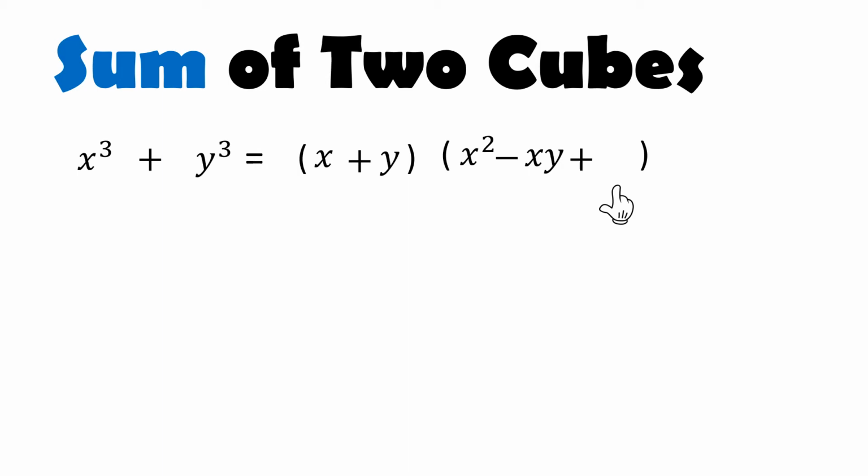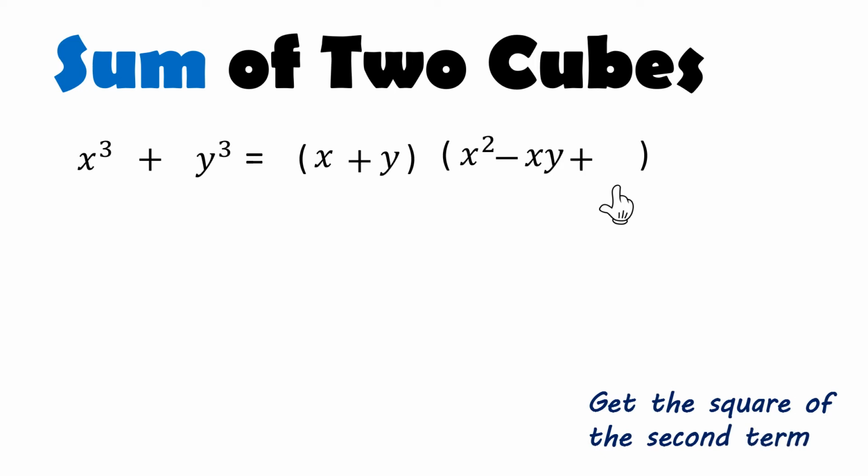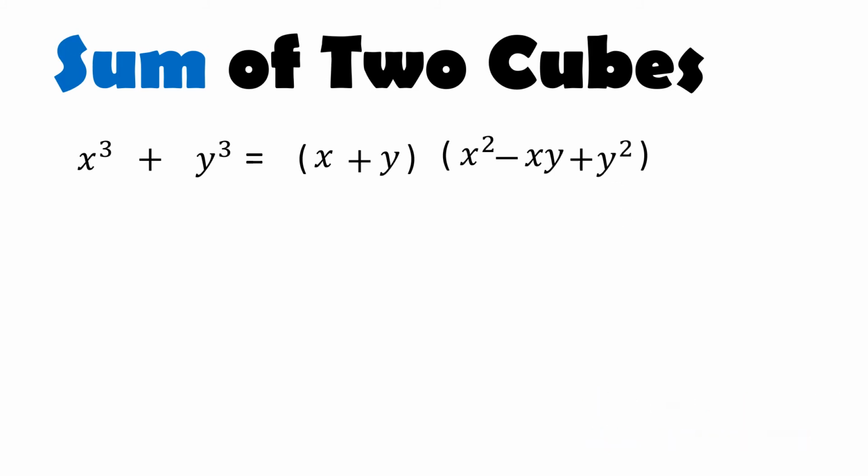And then for the third term of the trinomial, you are going to get the square of the second term of the binomial. So the second term, which is equal to y, and then get the square, so that is y squared. Now, these are the factors of the sum of two cubes.